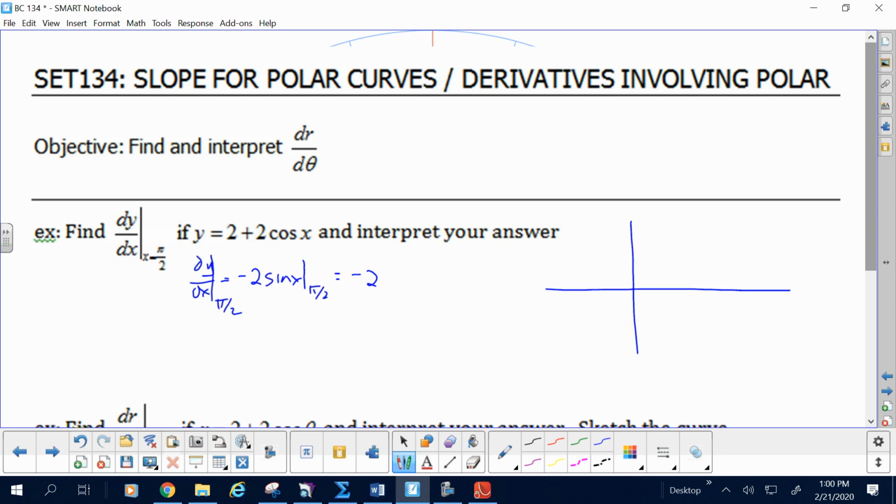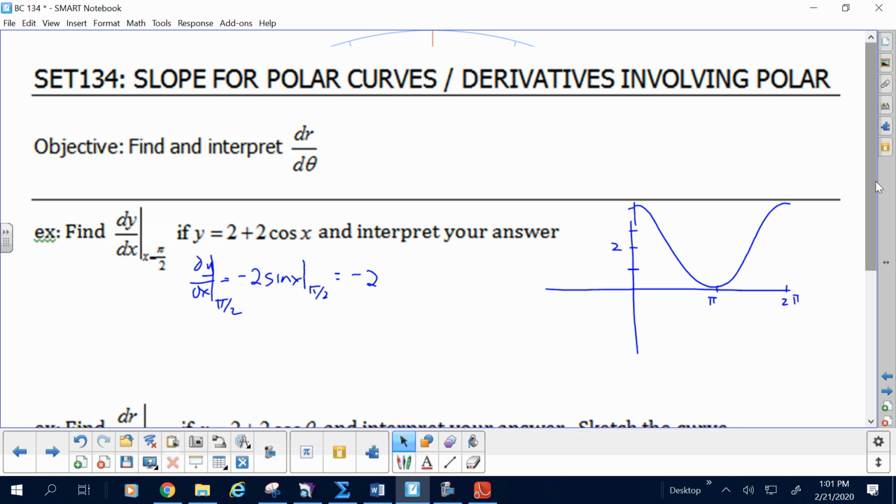Tell me some attributes of the graph. Okay, it's a sinusoid because it's y and x. What kind of shifts or stretches? Okay, it's shifted up 2, and it has an amplitude of 2, yeah? So it will look something like this, yeah? Do we agree? Okay. And a normal period of 2 pi.